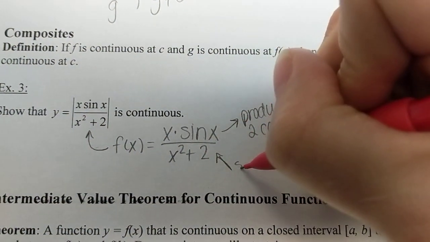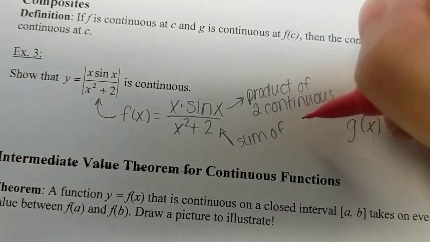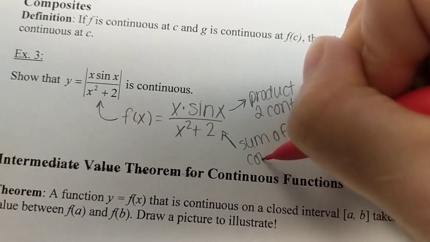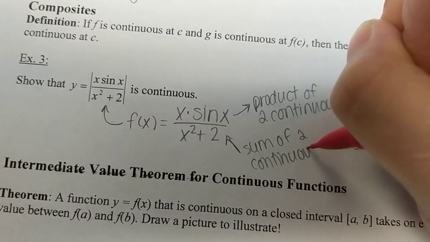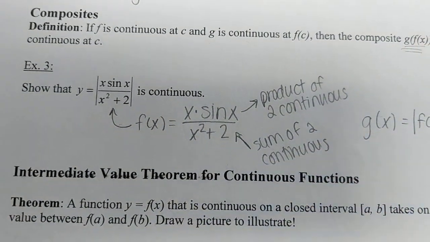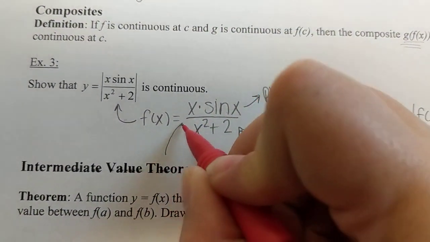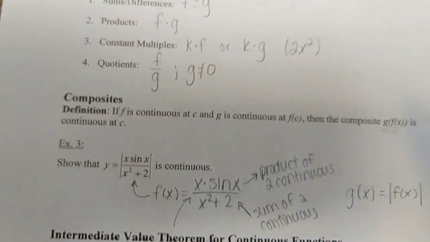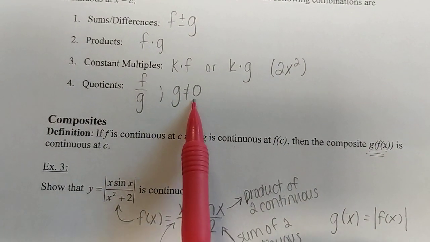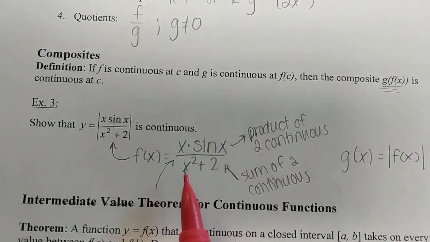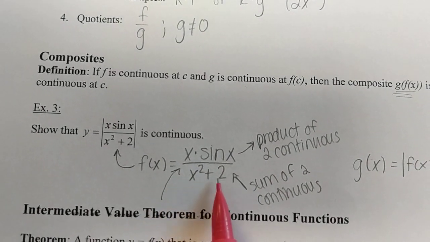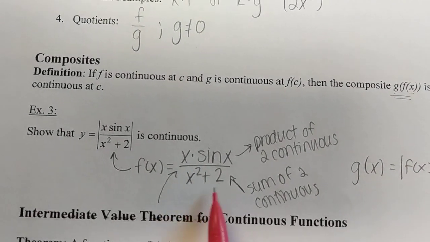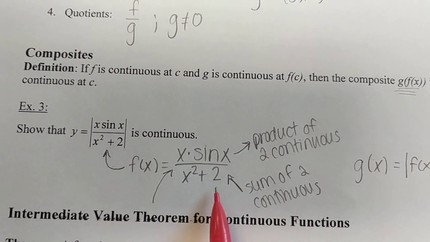So this one is the sum of two continuous functions. And then all together, I have the quotient of two continuous functions. And the one thing I had to keep in mind is that the bottom can never equal 0. Well, I can never square something and get a negative 2. So I'm never going to get a 0 down here on the bottom.